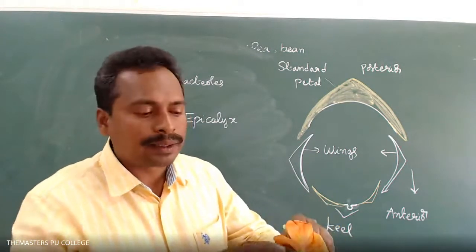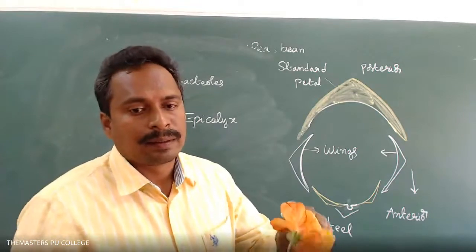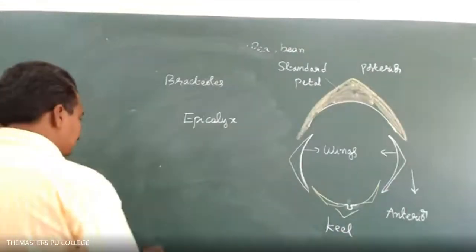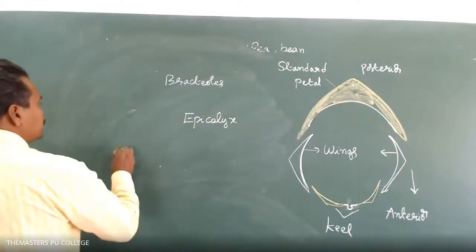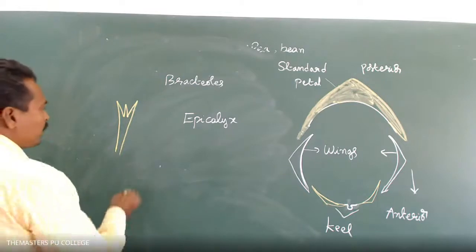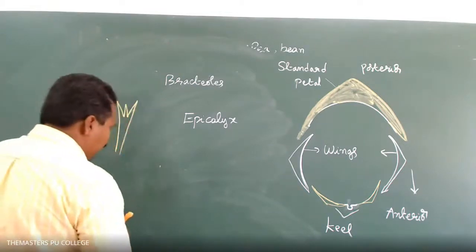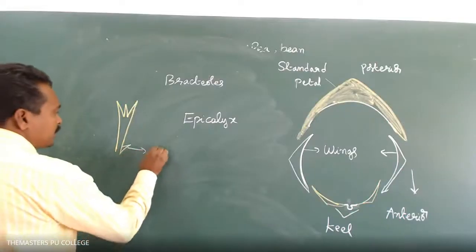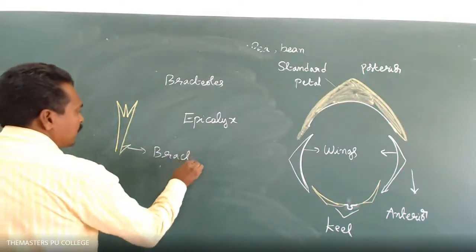Sir, bracteole from the word means bract containing flower? In some plant species, what is a bract? A small leaf-like structure present at the base of the pedicel, at the base of the flower. That is called a bract.